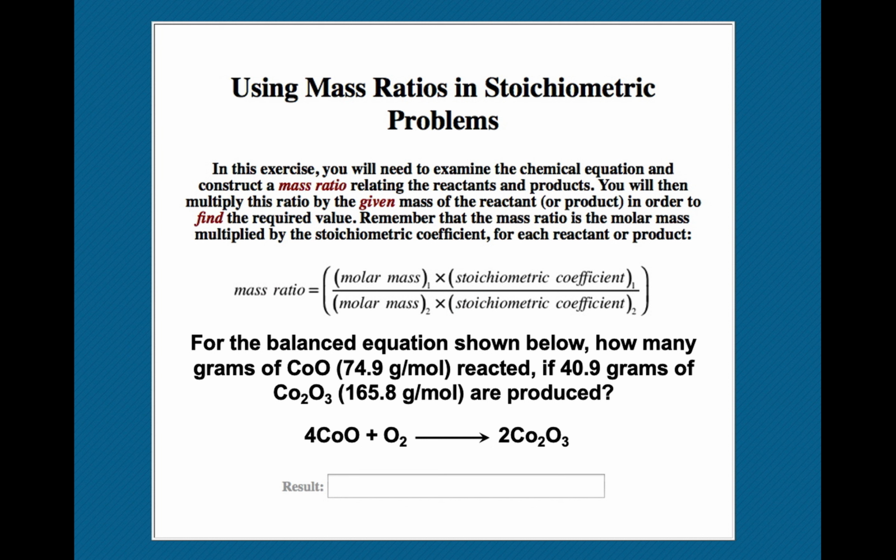Here we have cobalt-2 reacting with oxygen to give cobalt-3. We want to look at the link between cobalt-2 and cobalt-3. Cobalt-3 is our given. So cobalt-2, we have 4. Cobalt-3, we have 2. That's a 2-to-1 ratio.